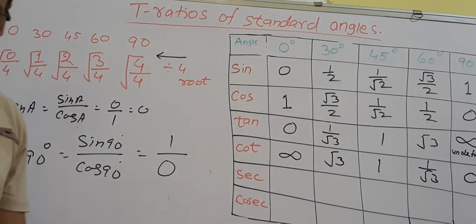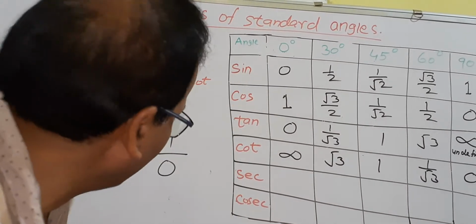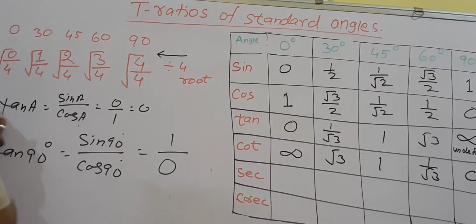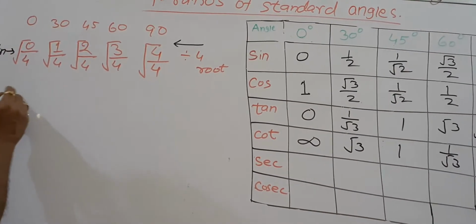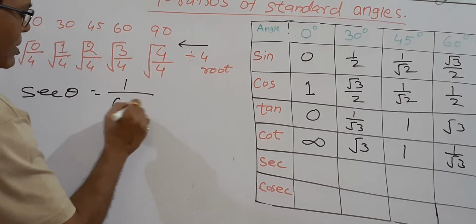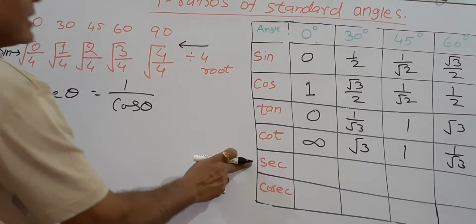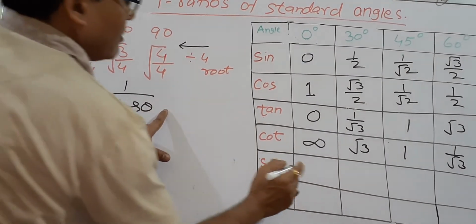What about sec and cosec? They are reciprocals. Because you know sec theta is equal to 1 by cos theta. It means sec 0 is equal to 1 by 1, which means 1.